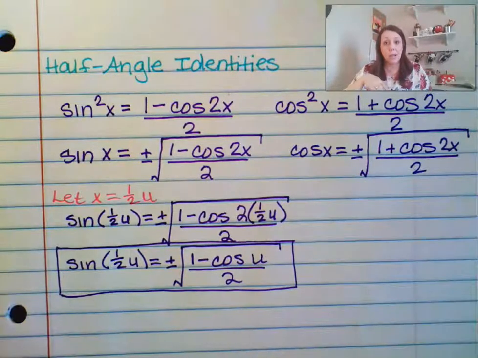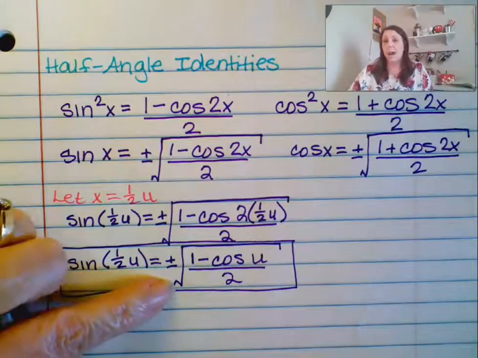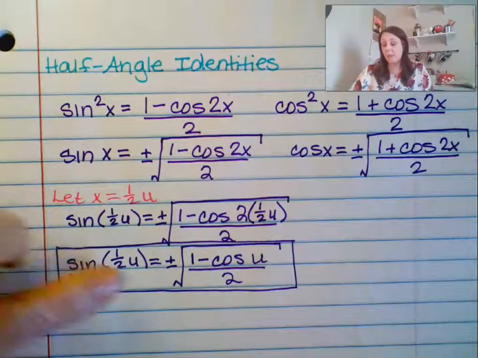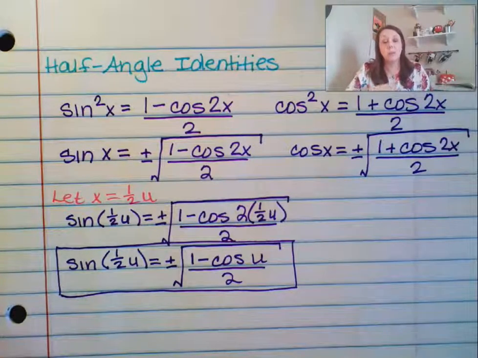I could then divide it by 2 or multiply it by 1/2, if that's simpler in terms of the complex fraction that I've ended up with. I can then take the square root of it, and based on what 1/2 of u would be, I can determine whether my answer should be positive or negative.